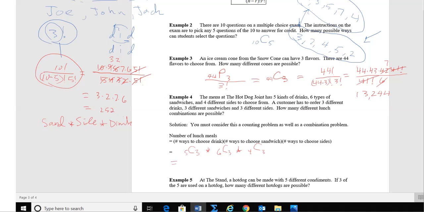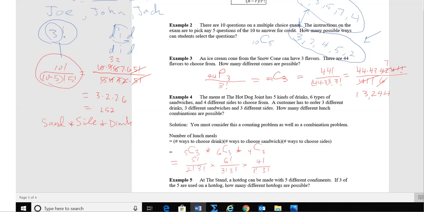So when we combine all these, this will be 5 factorial over 2 factorial, 3 factorial, and then 6 factorial over 3 factorial, 3 factorial, and then 4 factorial over 1 factorial and 3 factorial.